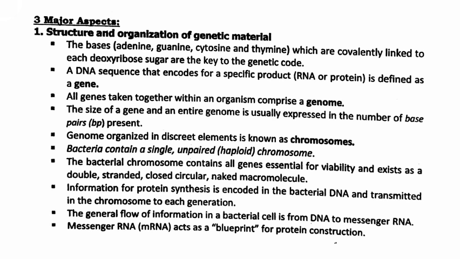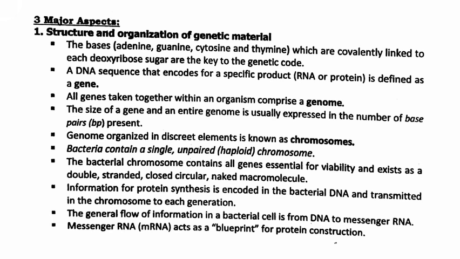In terms of bacterial genetic material, the chromosome of bacteria is usually a single unpaired or haploid chromosome. The bacterial chromosome contains all genes essential for viability and exists as a double-stranded, closed circular naked macromolecule, which is situated in a nucleoid. Information for protein synthesis is encoded in the bacterial DNA and transmitted in the chromosome to each generation.